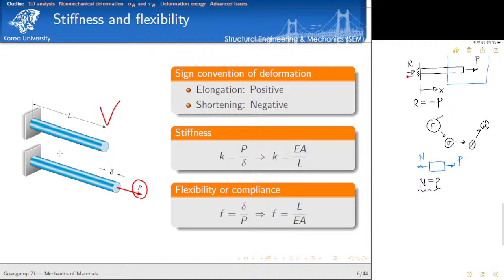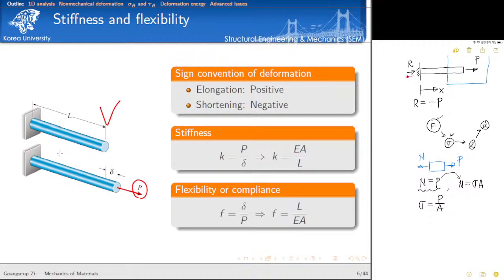Once I have this, are you ready to calculate the stress, right? Because the internal force is nothing but the stress resultant, stress times the cross-section area. So now we can calculate the stress value. Stress is equal to, let's plug in this relation here, P divided by the cross-section area.